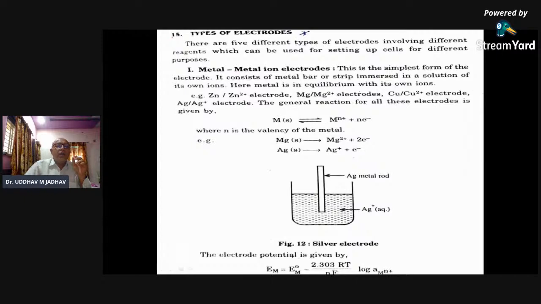आता आपल्याला वेगवेगळ्या प्रकारचे इलेक्ट्रोड पाहिजेत.